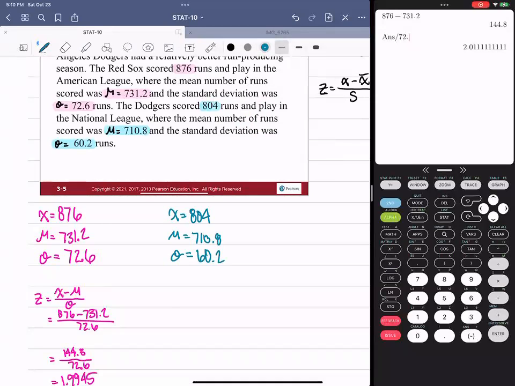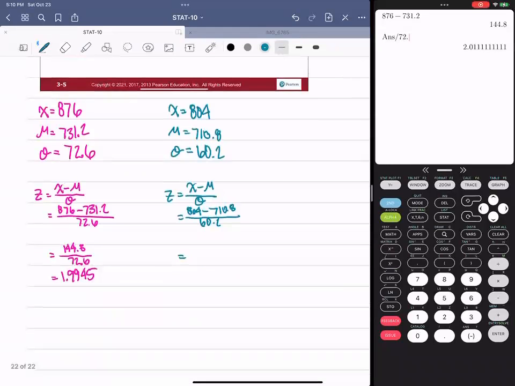Same thing here: our z-score is x minus the mean divided by our standard deviation, which is 804 minus 710.8 over 60.2.